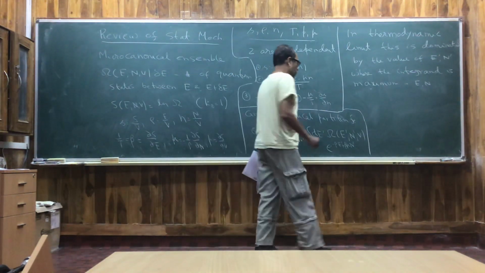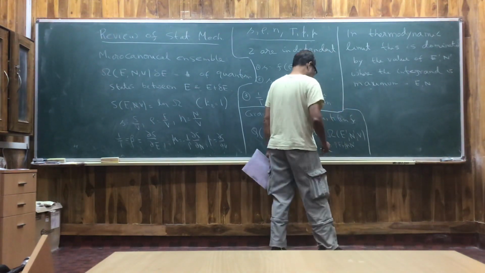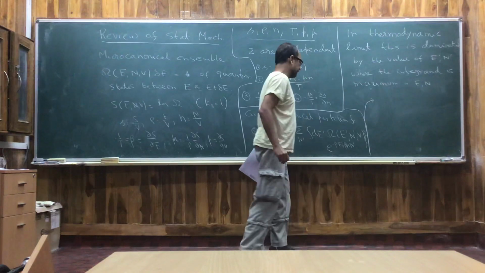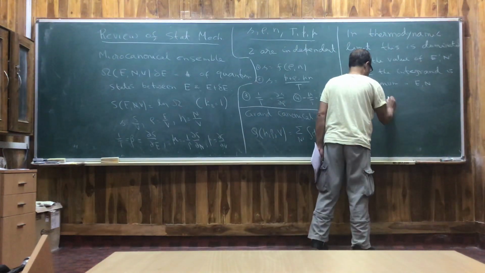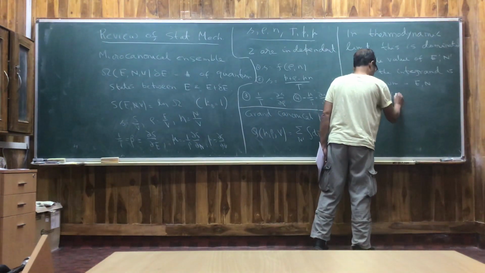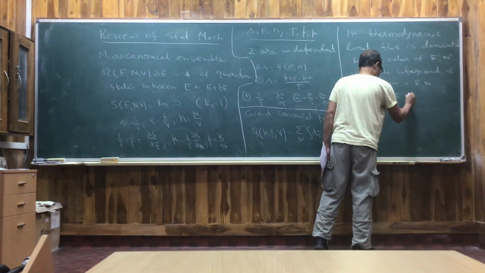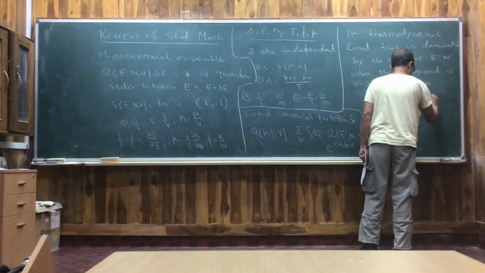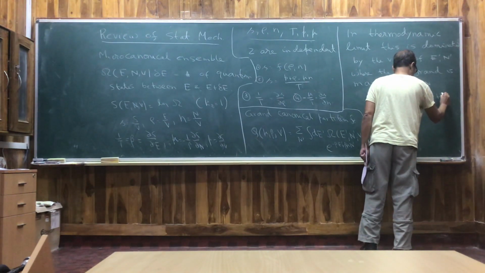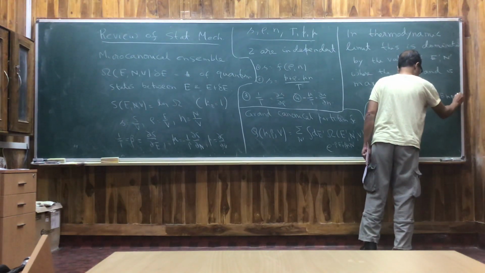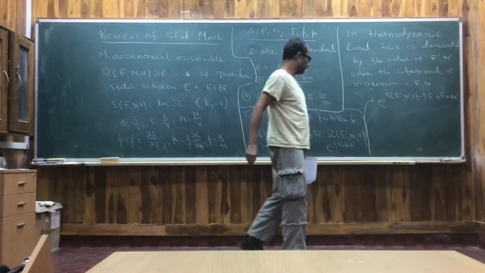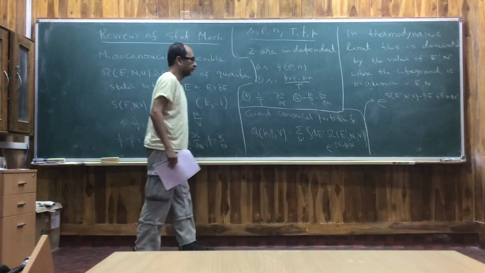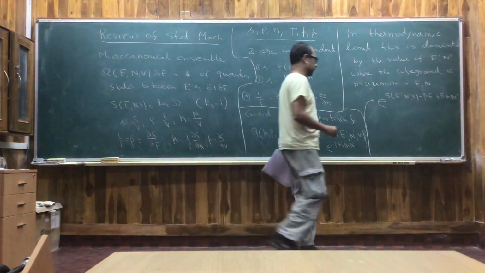This integrand is basically e to the power S(E prime, N prime, V) minus beta E prime plus beta mu N prime, right? Because omega is e to the S, that's the definition of S. So you have to maximize this.